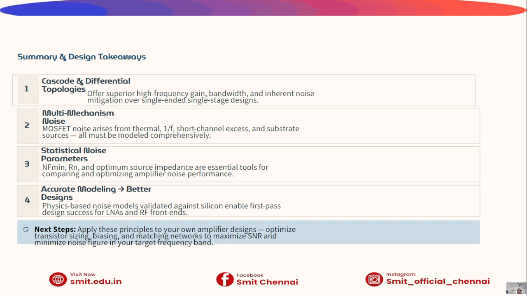Statistical noise parameters such as noise figure, minimum noise figure, and equivalent noise resistance are essential for evaluating amplifier performance. Finally, accurate device modeling and simulation enable engineers to design efficient low noise amplifiers and RF front-end circuits with high confidence.